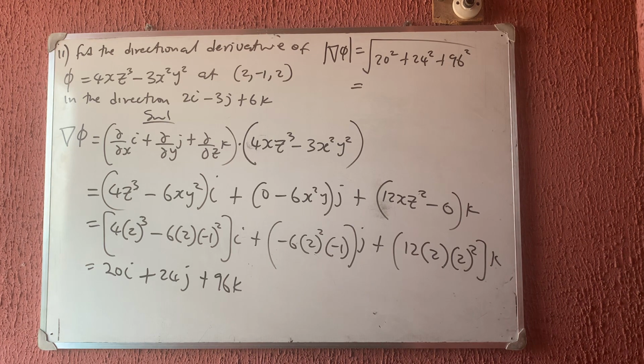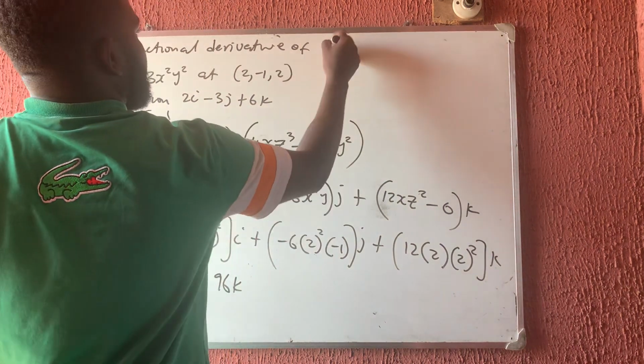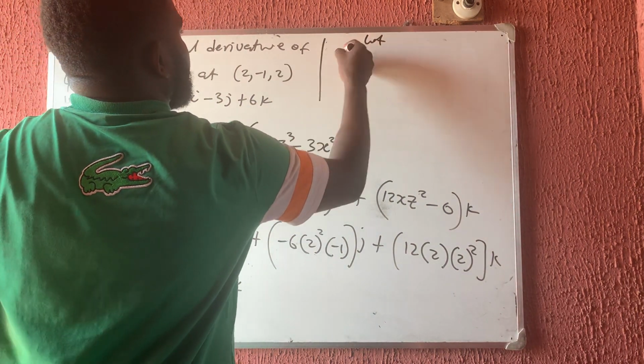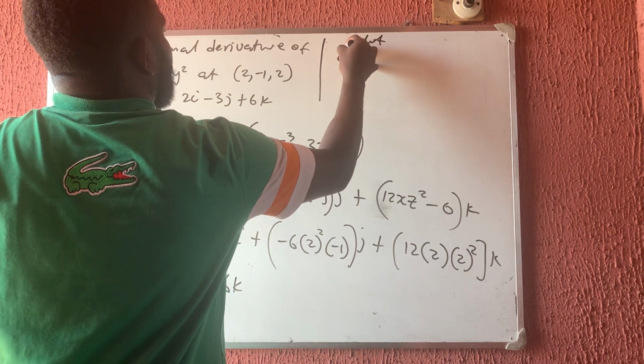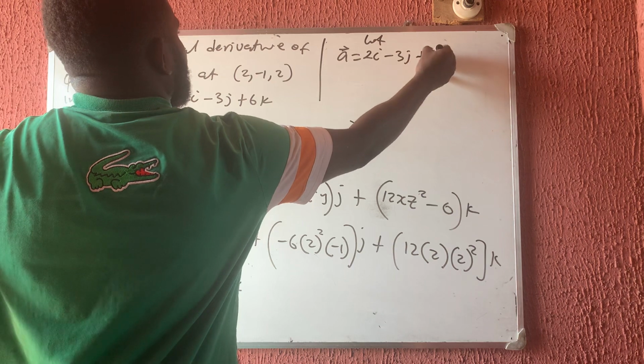Okay, no, sorry, this is working on this, so sorry, not this. So let me say, let vector a be equal to this one given, 2i minus 3j plus 6k.